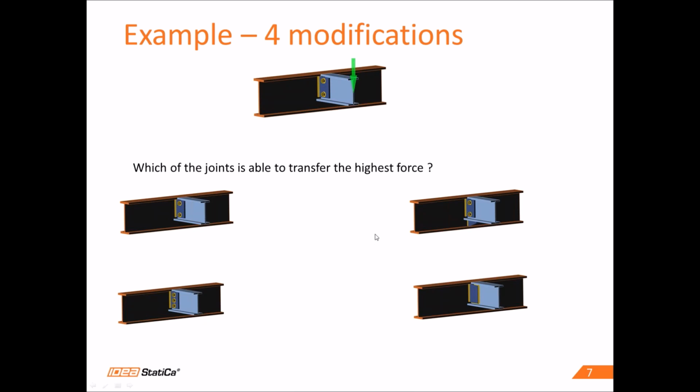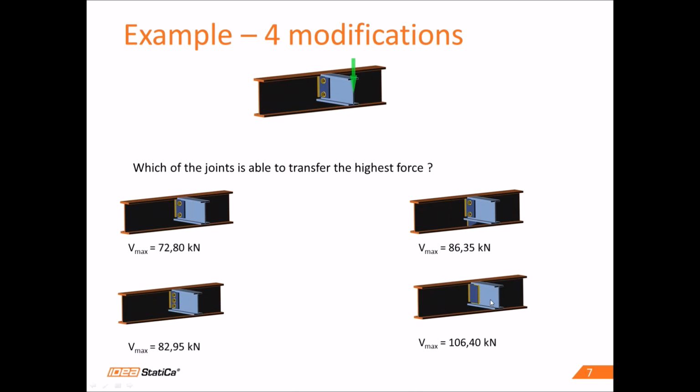And now there is a question: which joint is able to transfer the highest force? I used Joint Design Resistance. Now I give you a few seconds. You can guess where the highest force is, but I think it is obvious. It is a very simple example, but good enough for our purpose.